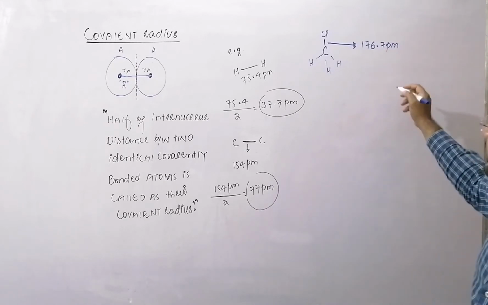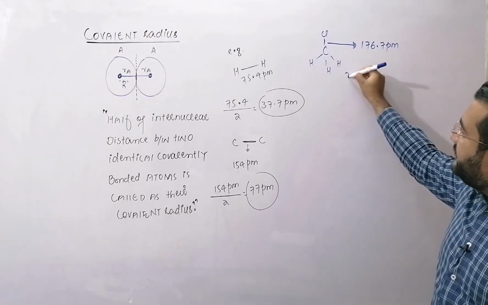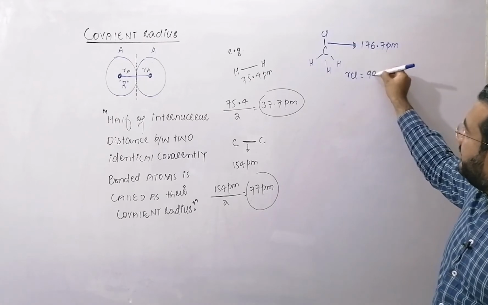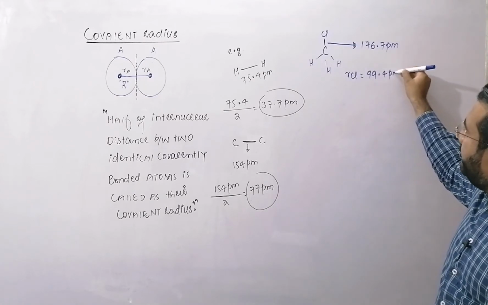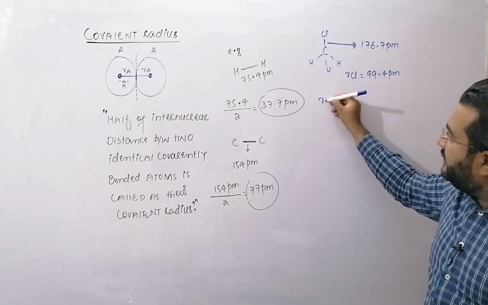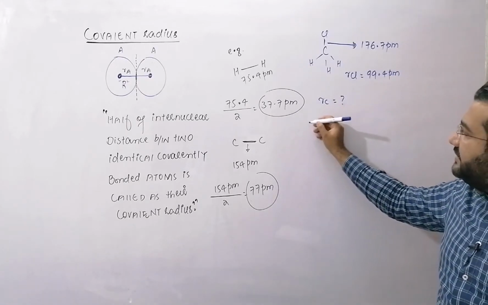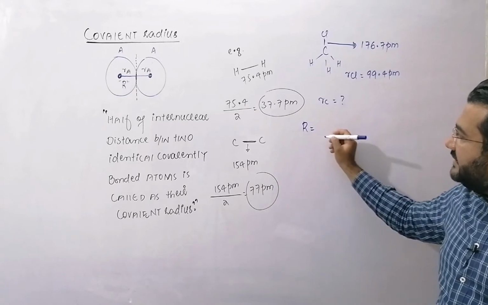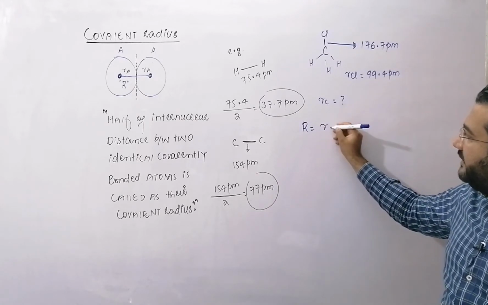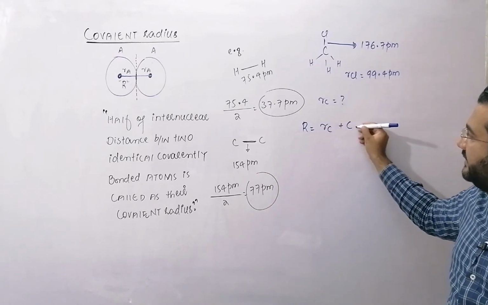And now my dear students, the covalent radius of chlorine is 99.4 picometer. Then what will be the covalent radius of carbon? Because the covalent radii are additive in nature, the internuclear distance or bond length will be equal to the covalent radius of carbon plus the covalent radius of chlorine.